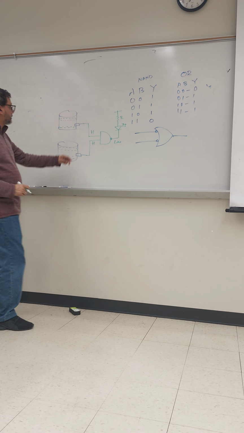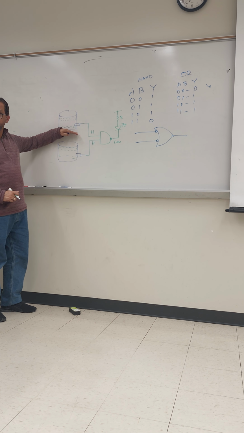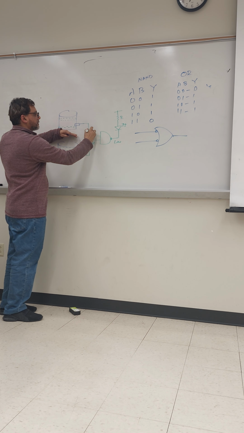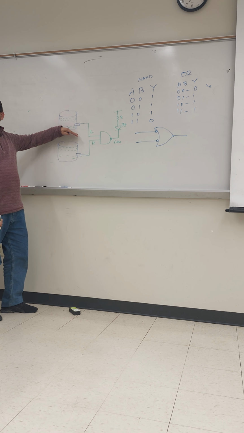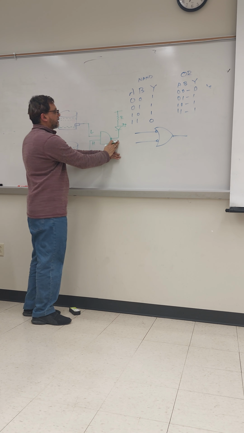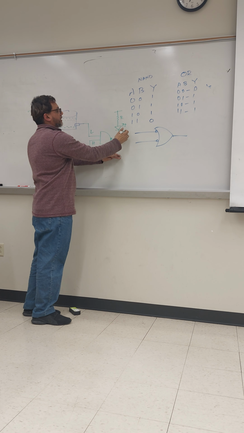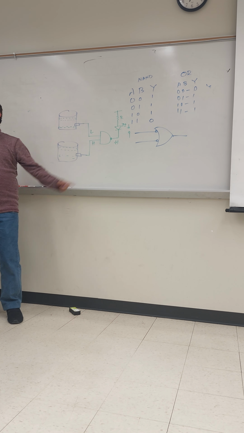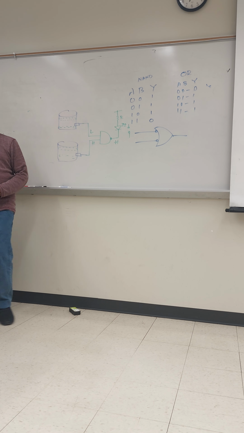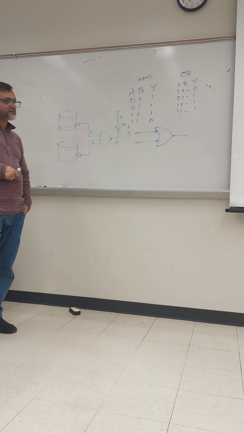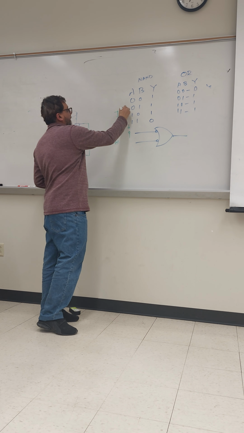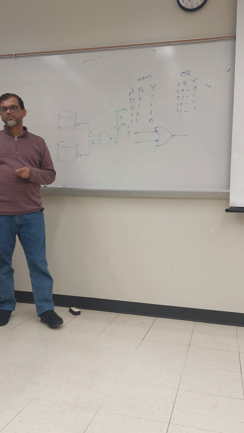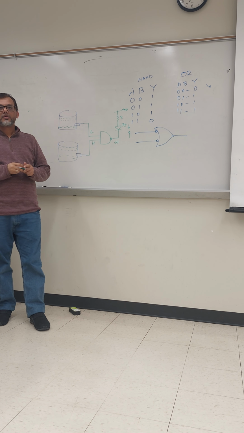So that means when any of the tanks goes down, the NAND output will be high. If it is high, the diode will be open because it's a reverse bias. The upper one is the VDD, right? So that low is going to the negative terminal.